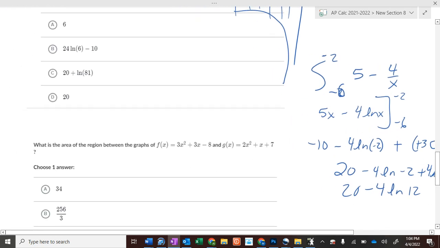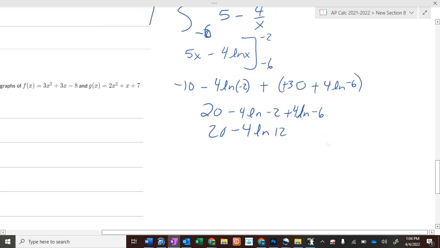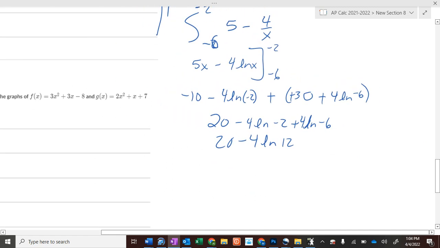No, we don't. So what we have to do is take the 4 and make it a power. So it's the ln of -2 to the 4th plus ln of -6 to the 4th. 2 to the 4th is what? Ln of 16 plus the ln of something.